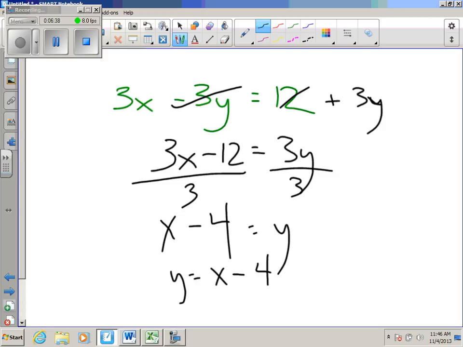So what's our slope? What value is in front of x? What value is in front of x? In front of x. 1. So we have a slope of 1. And what's our y-intercept, Marlia?